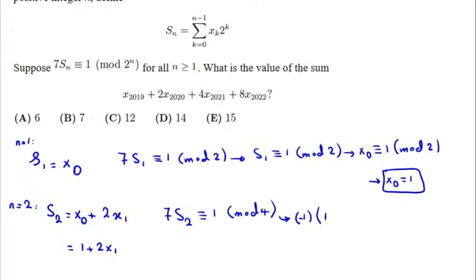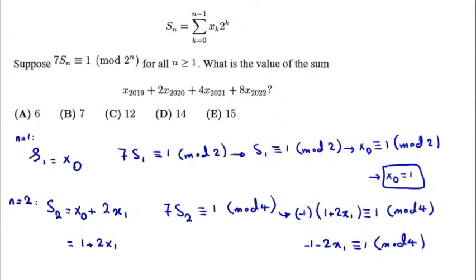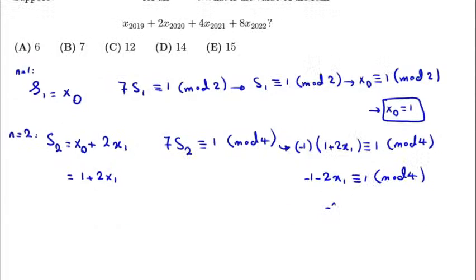S2 is what? 1 plus 2x1 is 1 mod 4. So negative 1 minus 2x1 is congruent to 1 mod 4. Now, we take negative 1 to the right-hand side: negative 2x1 is congruent to negative 2 mod 4, plus 2, plus 2 mod 4. If you take negative 1 to the right-hand side, it will be positive 1.